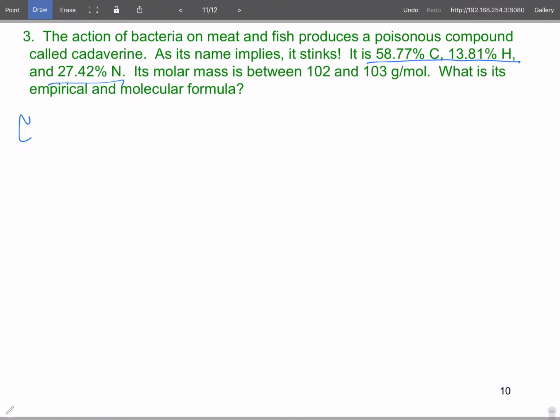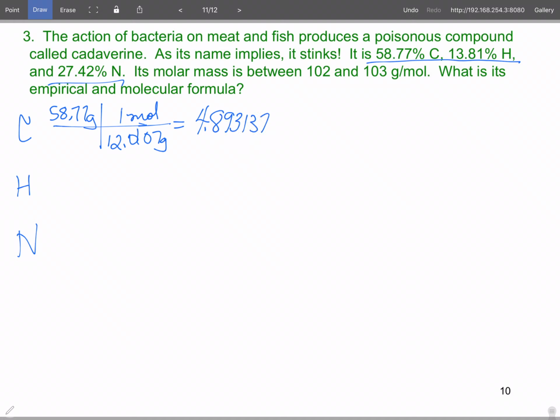So we're going to work carbon, hydrogen, and nitrogen. So the carbon is 58.77%, which means that's how many grams it has. So, as I said, you can set them up and wait to work them, or you can do what I'm doing, whatever floats your boat. But you can't go any farther than the moles, because that's what you've got a ratio.